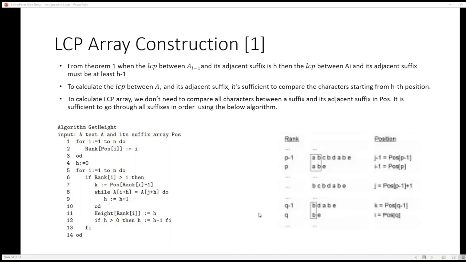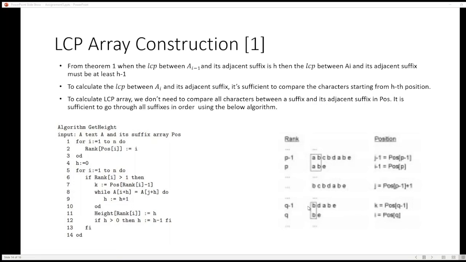So for the next I, let's suppose it will be here. Then we calculate the rank of I, which will be Q, and we see if it's greater than 1. If it's greater than 1, we calculate the position of Q minus 1, which will be K. Then we start with h equal to 1, since previously h was 2 and we decremented it by 1.